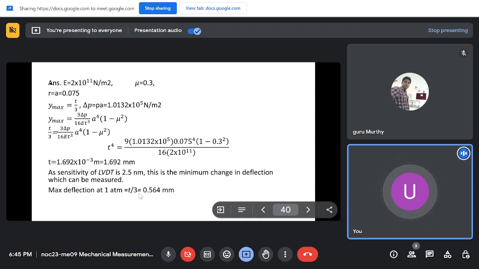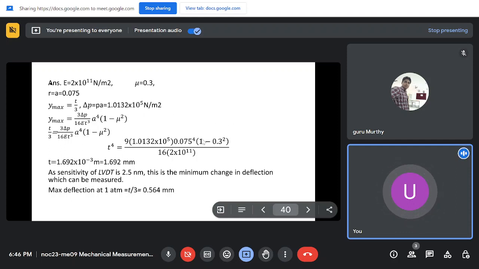So this is the maximum pressure, since maximum deflection occurs at maximum pressure. So 0.564 mm deflection occurs at 1 atmosphere, 1.013 into 10 power 5 Newton per meter square.